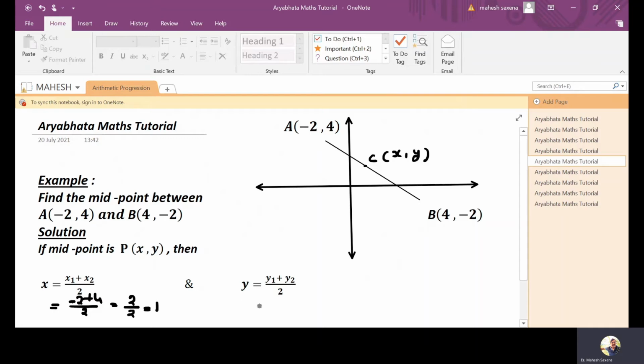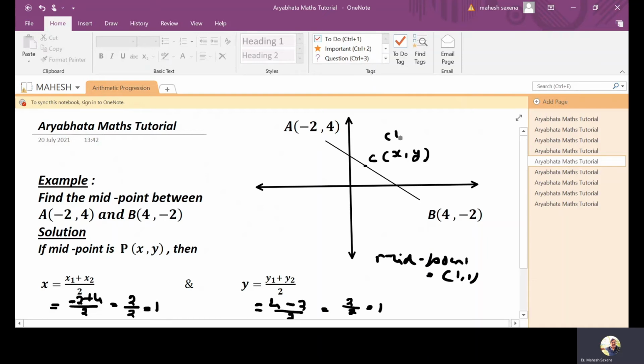Similarly, the y coordinate will be y1 plus y2 upon 2, that is 4 minus 2 upon 2, that is 2 upon 2, equal to 1. Therefore, the midpoint is 1, 1.